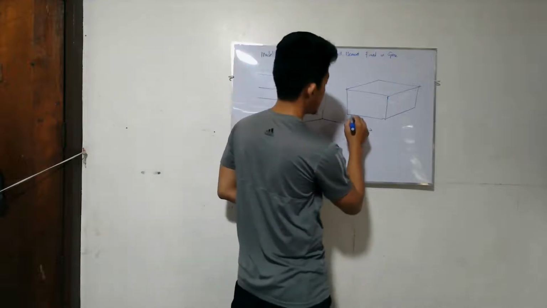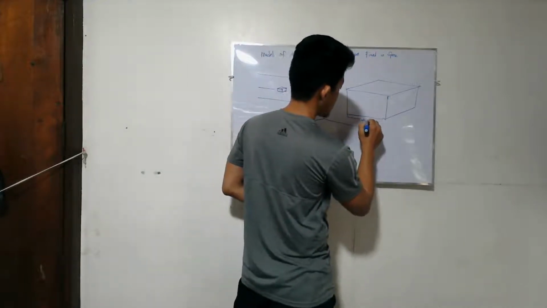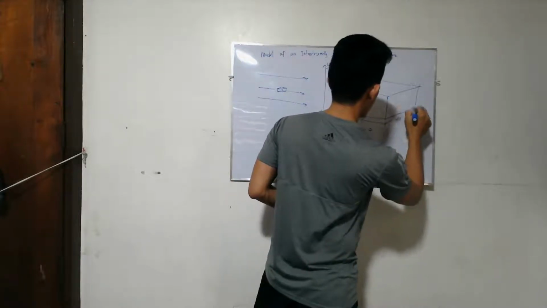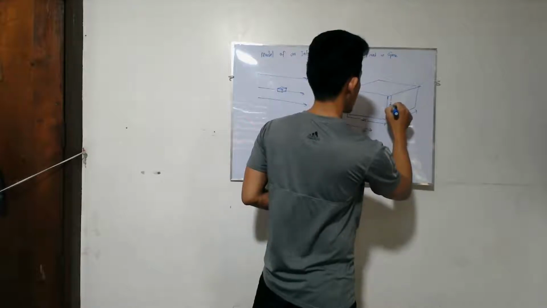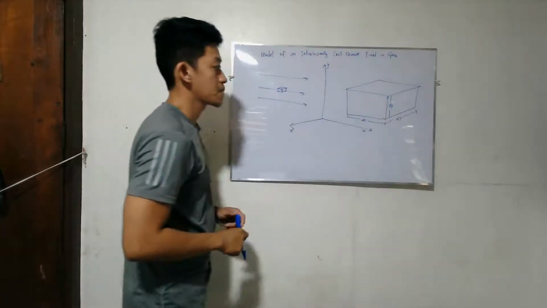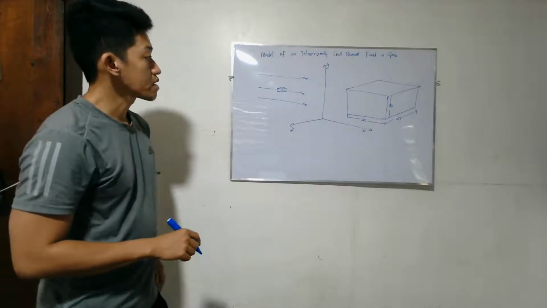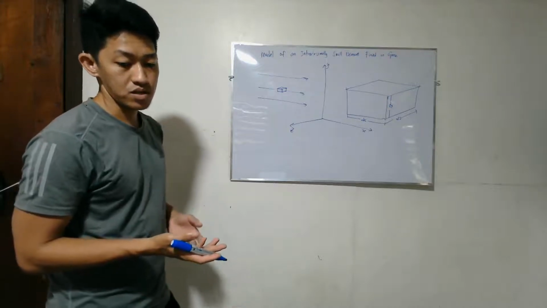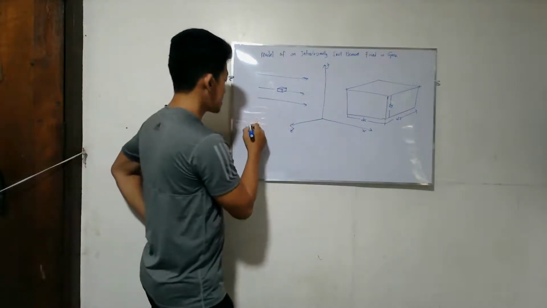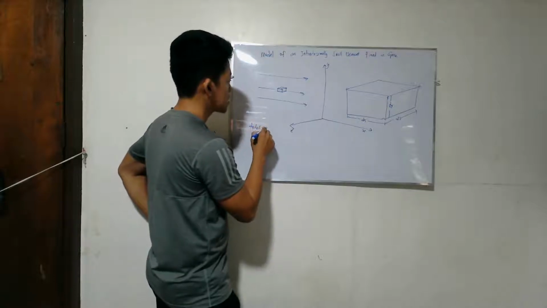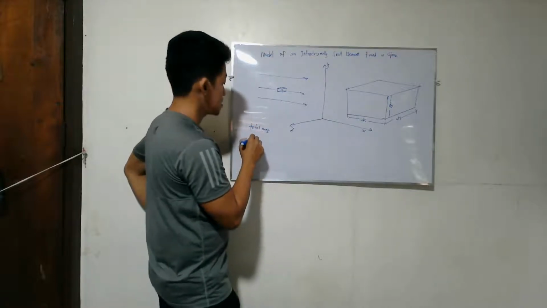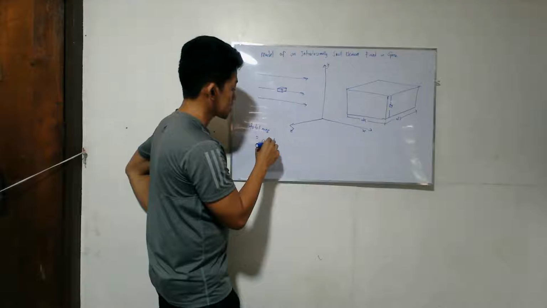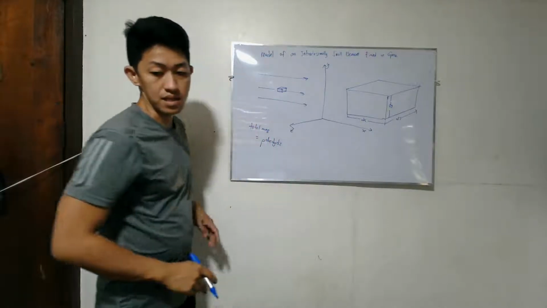So therefore, kani siya nga length is dx, kani dz, kani dy. Okay? So how do we get the continuity equation? First of all, ang total mass ani nga fluid element, total mass is just equal to rho times volume, which is dx, dy, and dz. Okay?